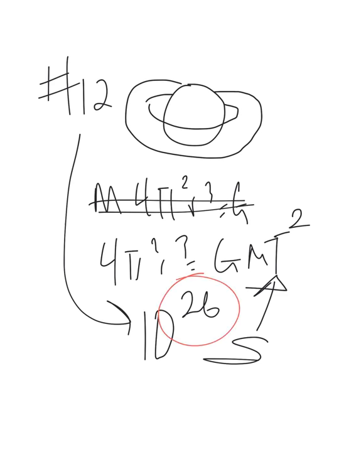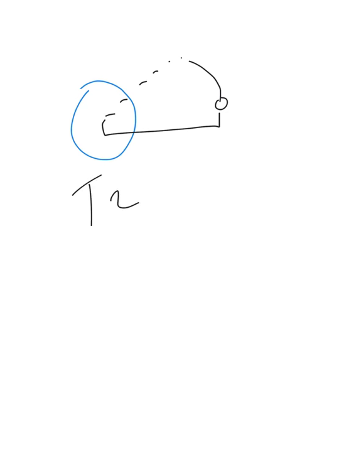Change it up a little bit. Okay. On number 14 with the geosynchronous orbit, so here's, we can make it blue, here's our Earth, here's the satellite. We want this to orbit above the same point all the time. So basically you're going to let the period equal 24 hours.